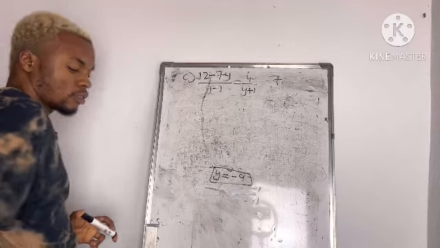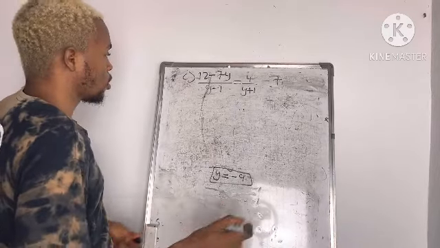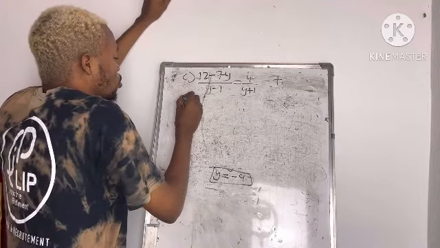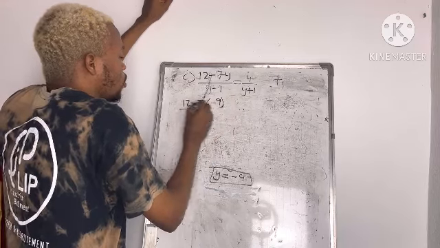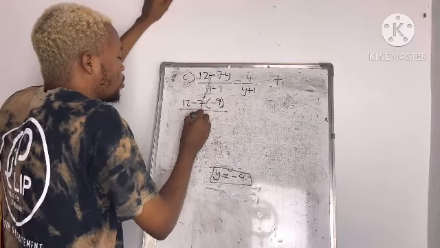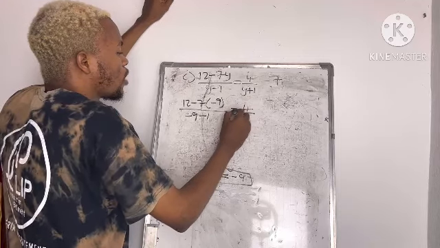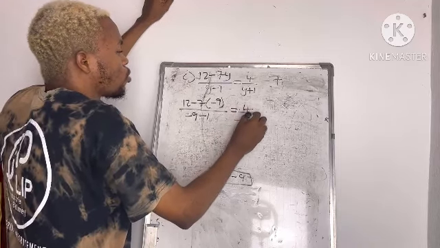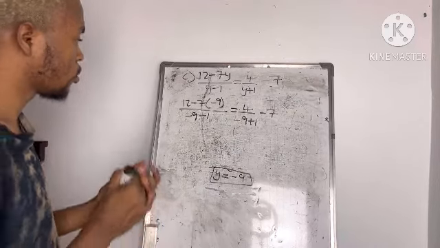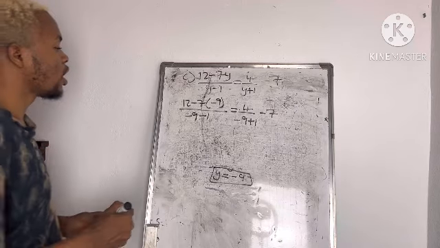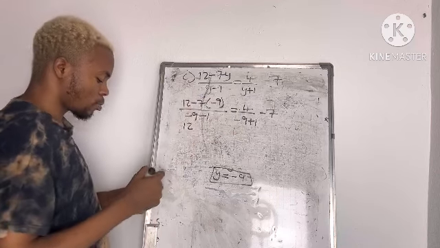Okay, so looking at this, 12 minus 7y, y is minus 9, all this into minus 9 minus 1 equal to 4 all over minus 9 plus 1 minus 7. So here you have 12 minus 7 times minus 9.